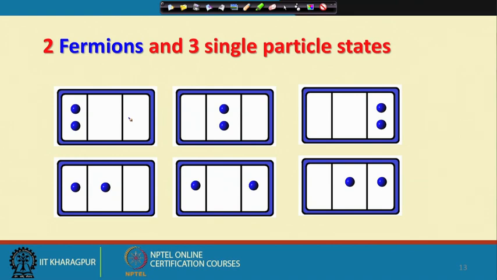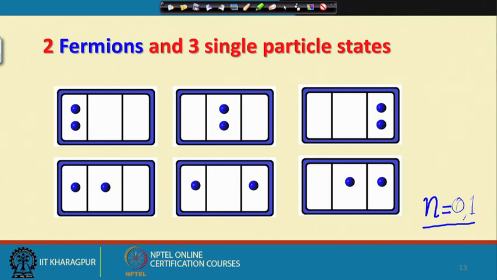And following the rule of the game for the fermions, I am going to allot the 2 fermions to these compartments, and I realize that the occupation number of each subcompartment must be either equal to 0 or equal to 1, right. So, obviously, if I have to follow this rule, some of the states that I have shown here are not possible.